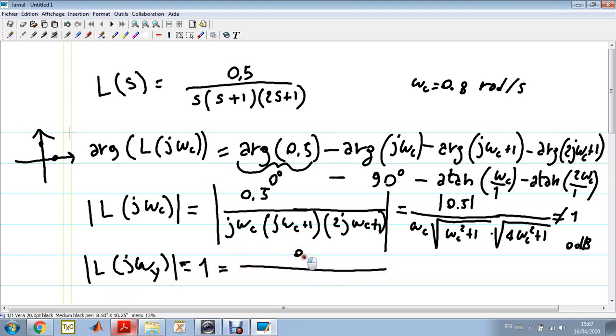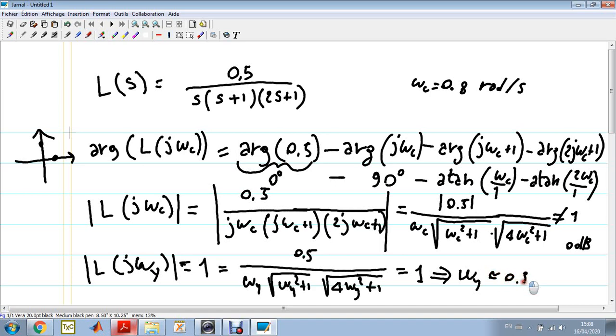You have the modulus of 0.5, then omega y, square root of omega y squared plus 1, square root of 4 omega y squared plus 1 again. All of this equal to 1. If you solve for omega y, you will find 0.357, something like that.